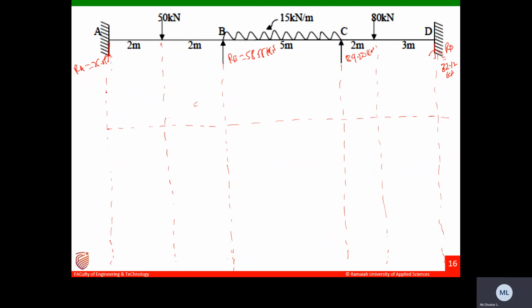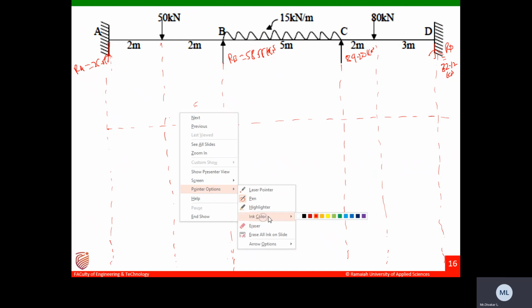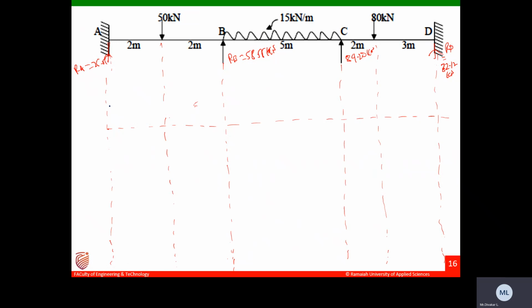Now this is a zero datum line. Now let us start drawing SFD. 25.05. From here to here there is no load.